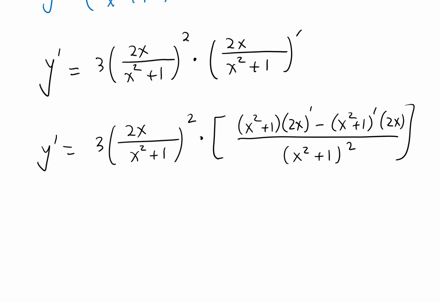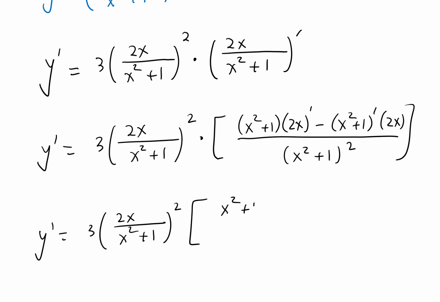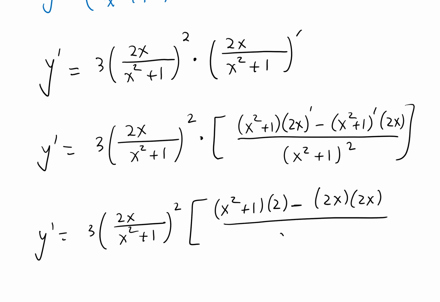Now the first half, nothing can be done to this, so we always copy it the same. This one, the derivative, so that's (x squared plus 1) times 2 minus the derivative of this, 2x, times another 2x, over (x squared plus 1) squared.